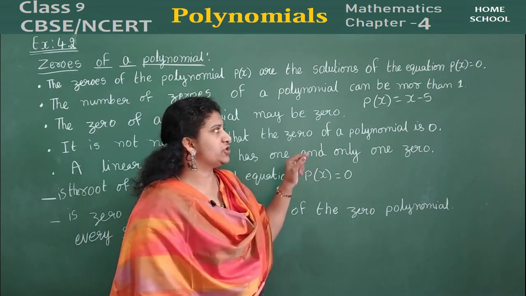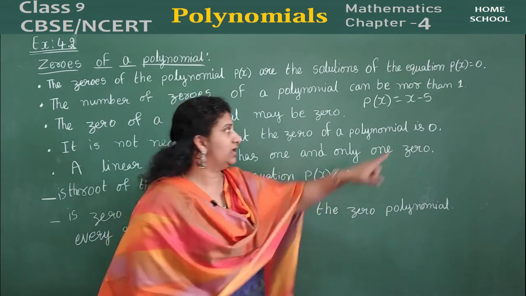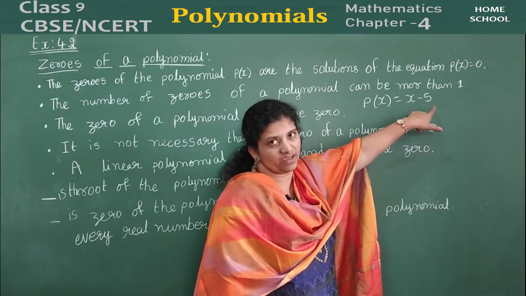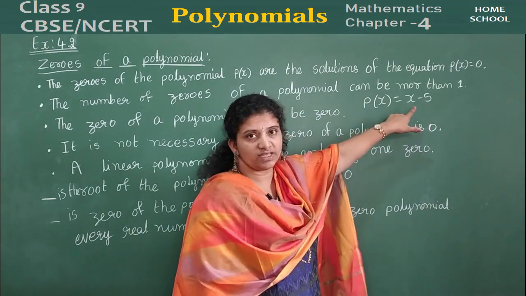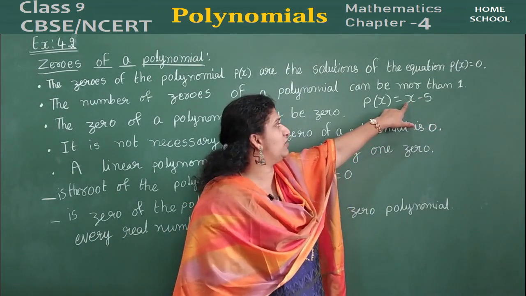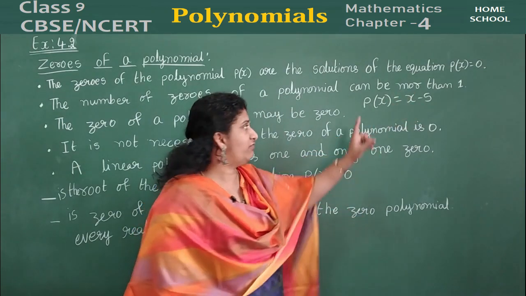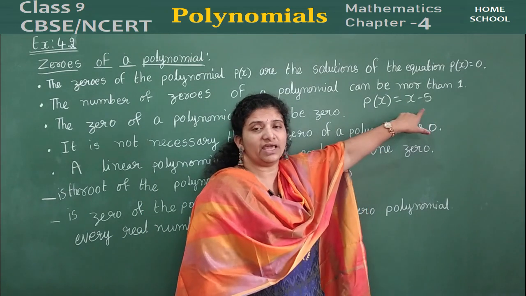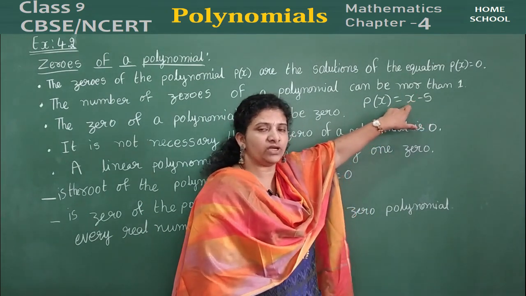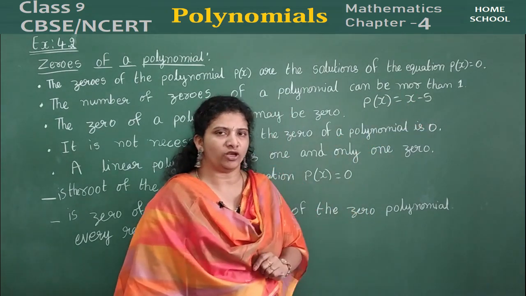What if you substitute, you get the value 0, children? Here it is minus 5 there. So, suppose if I take value of 5, 5 minus 5 will be 0. If we get your answer 0, then what I have substituted, 5 is a 0 of a polynomial.